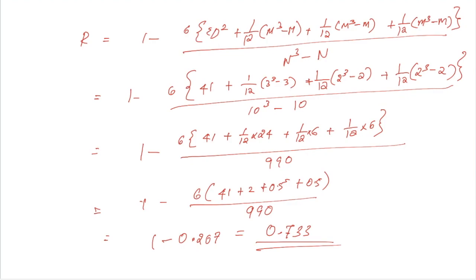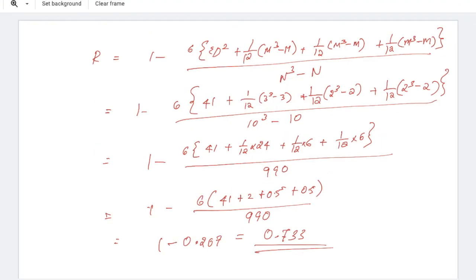So that is 1 minus. Solving this, we'll get a simplified form of 1 minus 6 into 41 plus 1 by 12 into 24 plus 1 by 12 into 6 plus 1 by 12 into again 6, divided by 990.